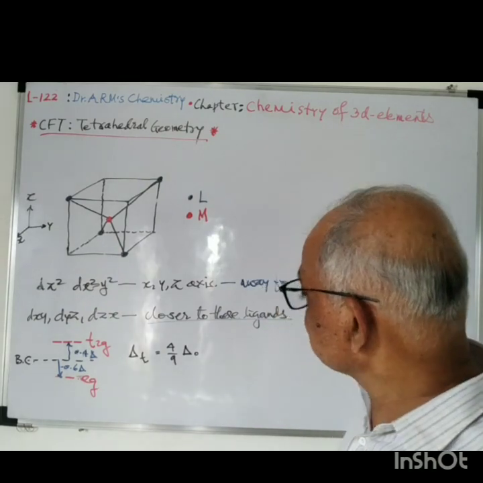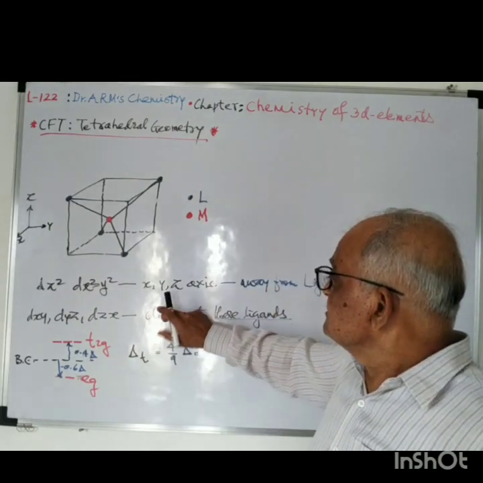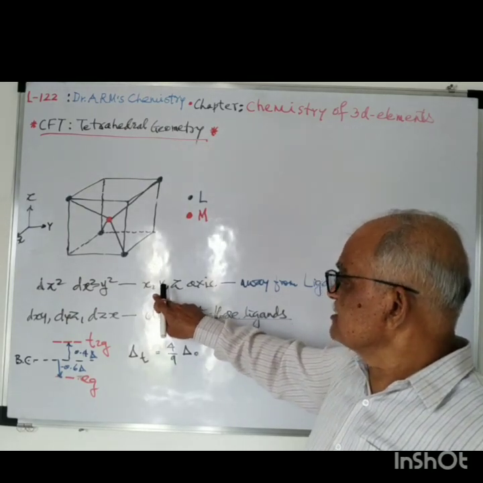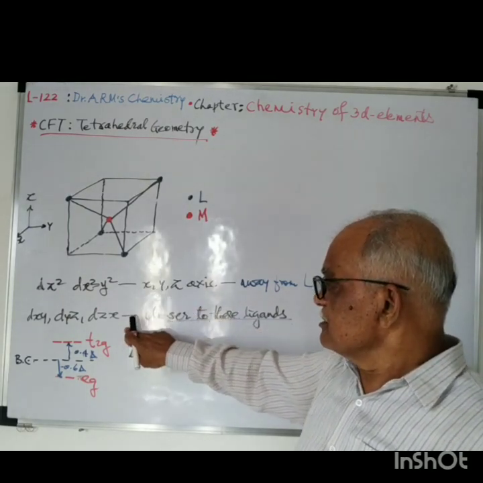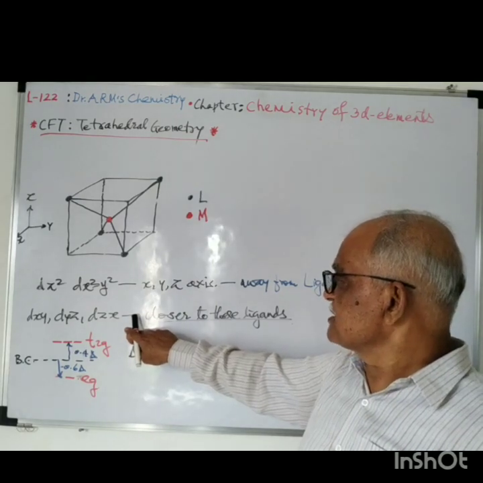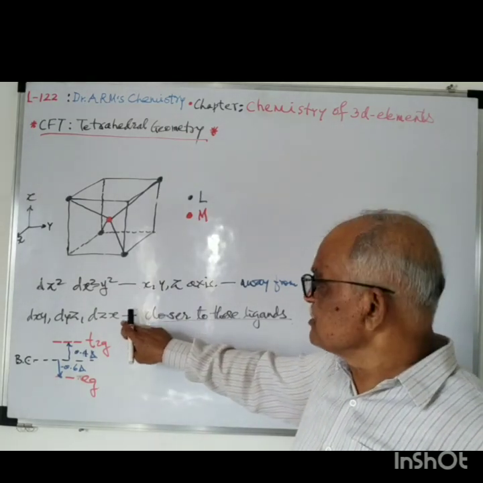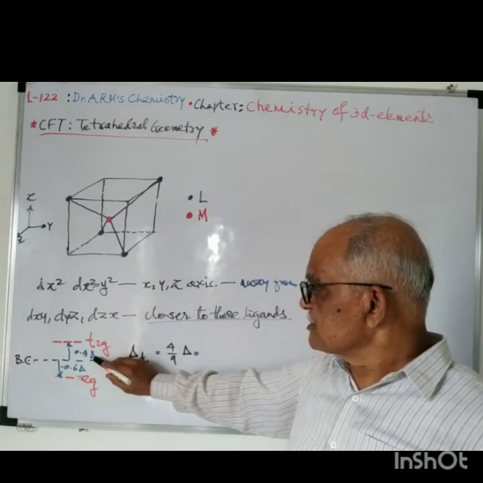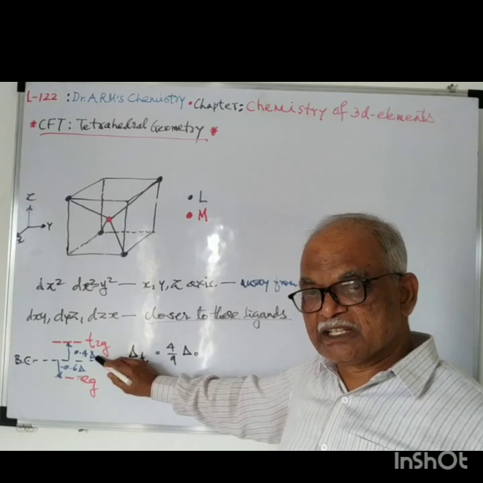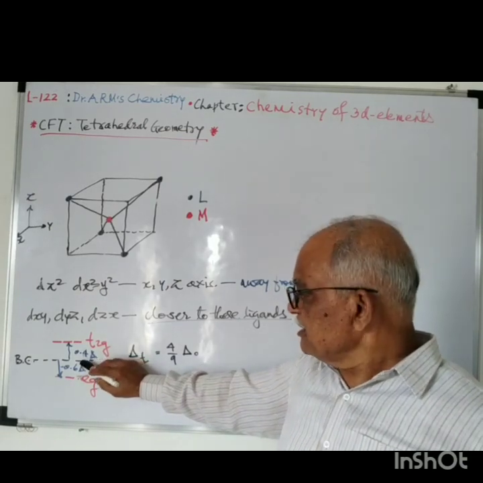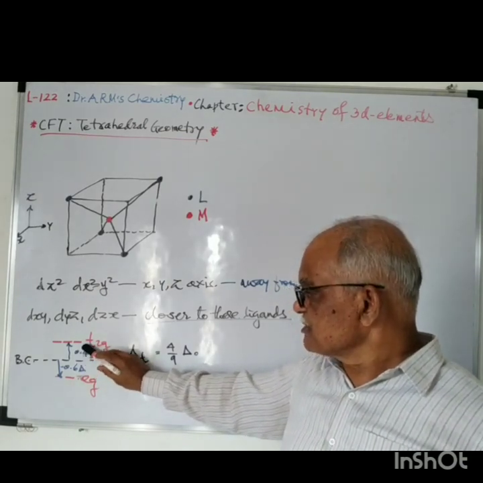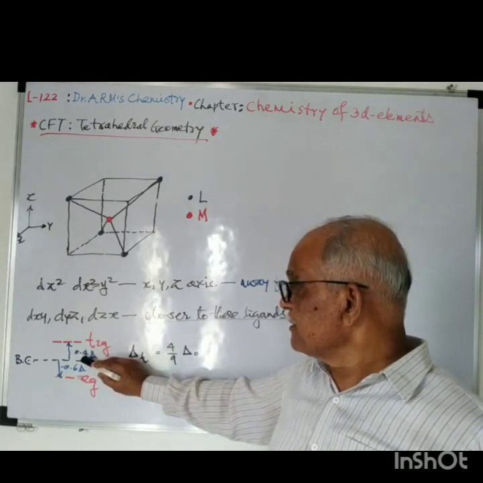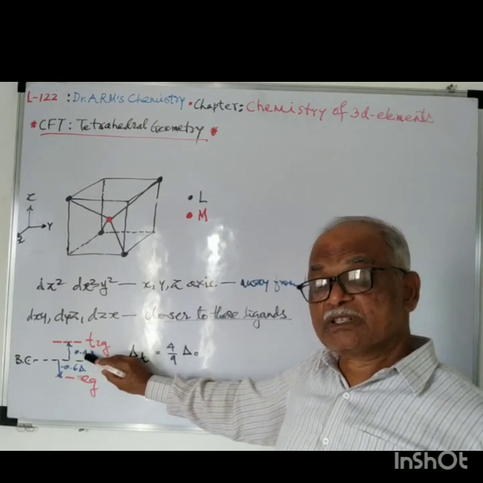This is because the excitation of the t2g orbitals to higher energy due to splitting is relatively lower here. In the octahedral structure, this difference is 0.6 delta, but here it is 0.4 delta.